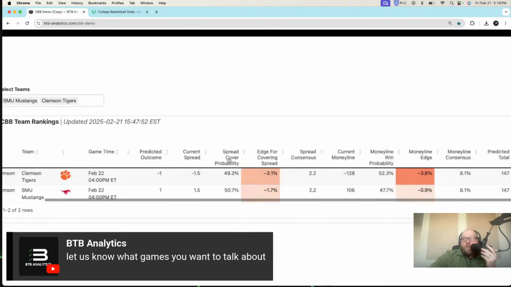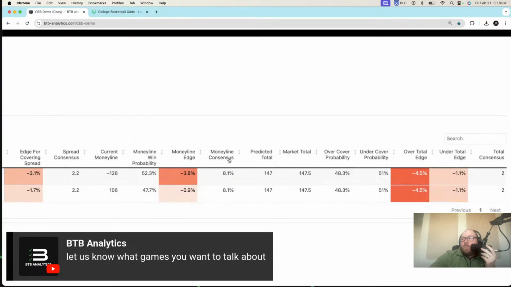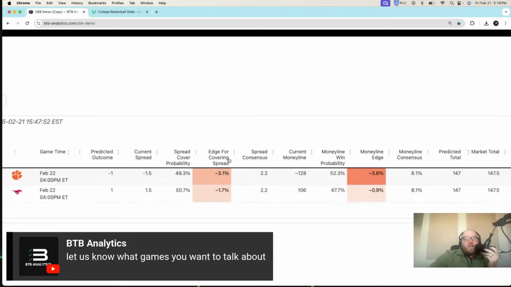Unfortunately, no edge on the side, total, or money line. The model does lean in the direction though of SMU. You would need to get like a +100 SMU on the +1. On the money line, we're needing about a +110 or better to bet SMU in a profitable fashion.